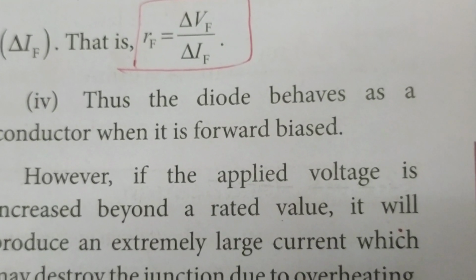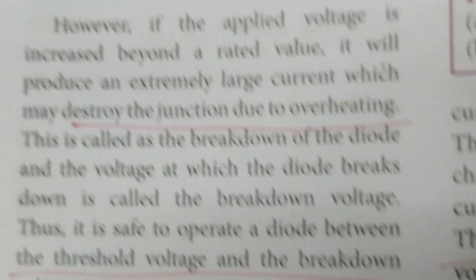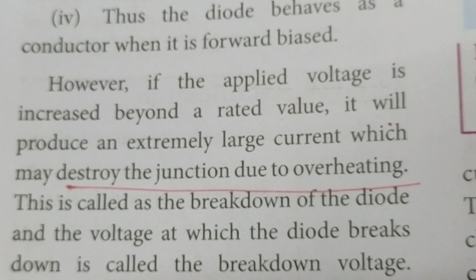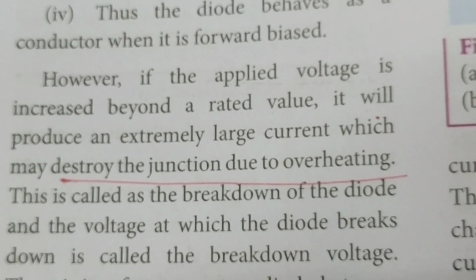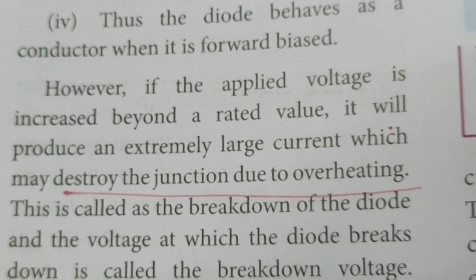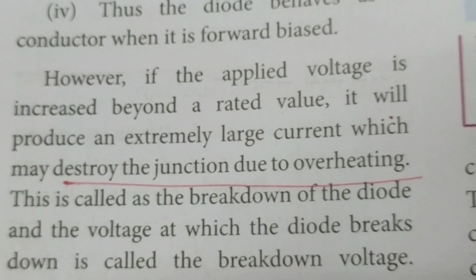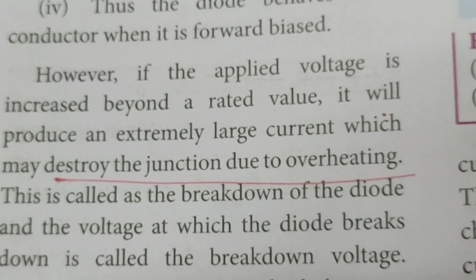It will begin to conduct the current. And so here the external resistance is usually connected so that there will be no destruction of the junction due to overheating. But if the applied voltage is increased beyond the rated value, then a very large amount of current will flow through the junction and it will destroy the junction.